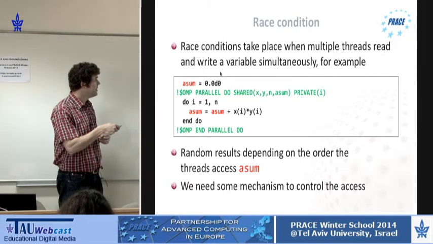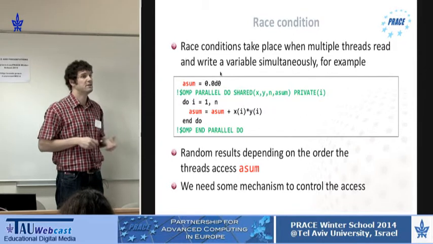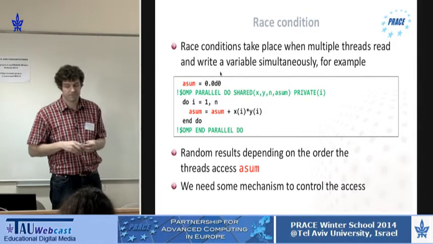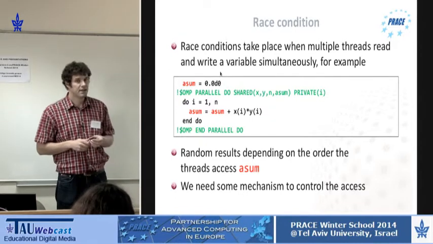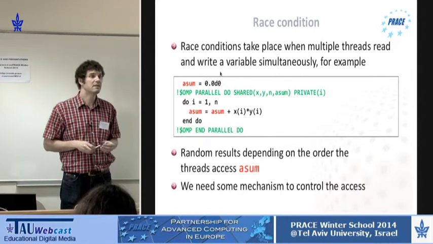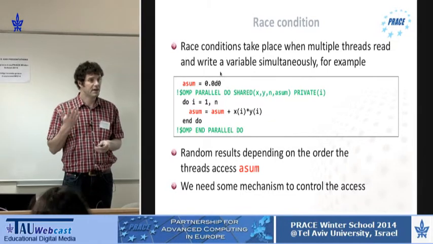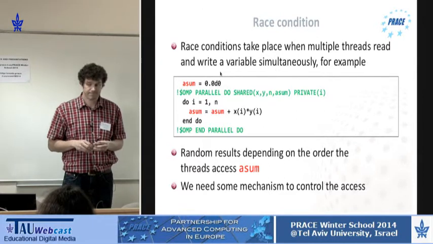In the end, the result we get out will be random, depending on the order in which the threads update the sum. We need something to control how this is done, so that we avoid this race condition and get the correct result.